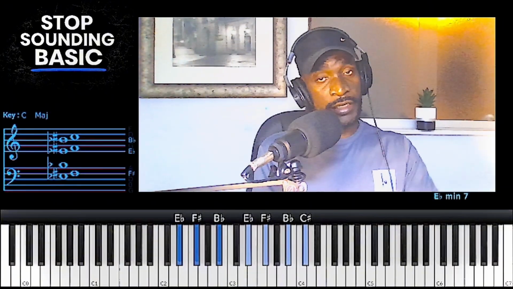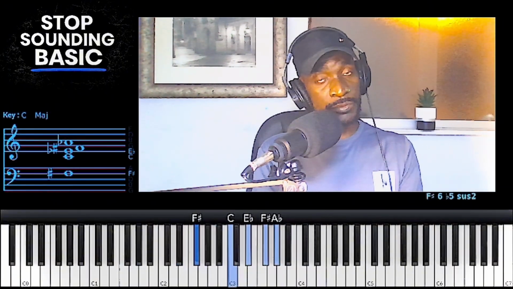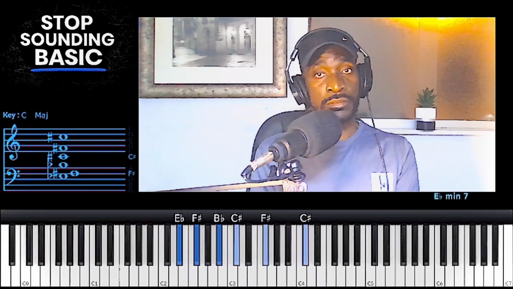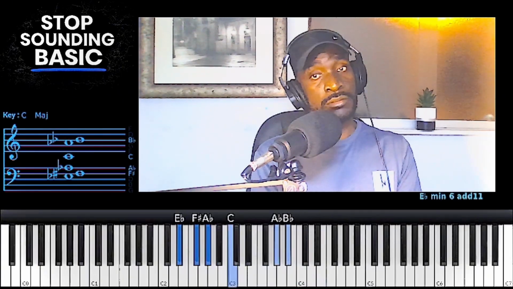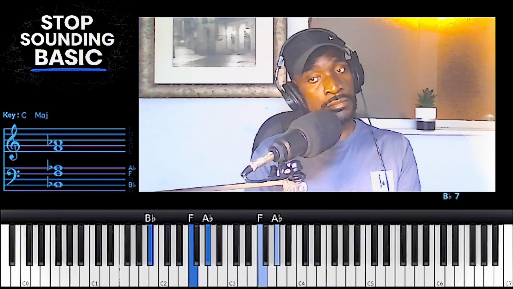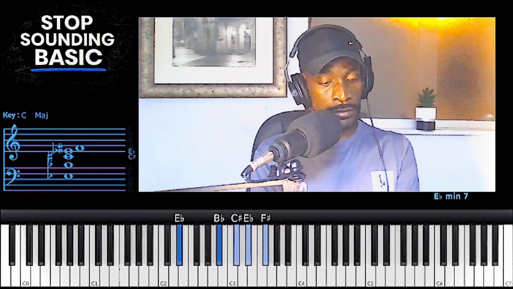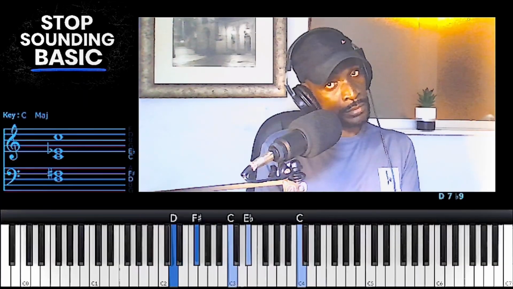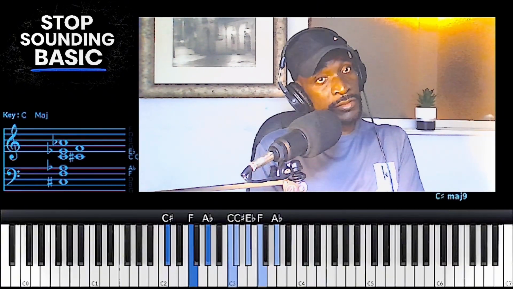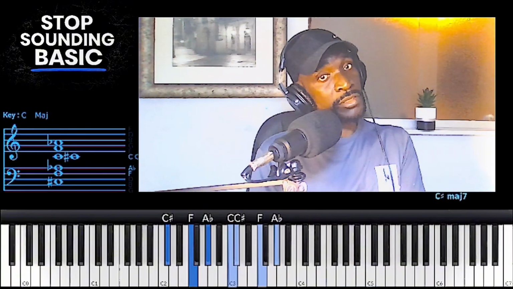Instead of going to the G right here, which is a big leap, a big jump, you do this. You probably hear the little jazzy sound when you do C.